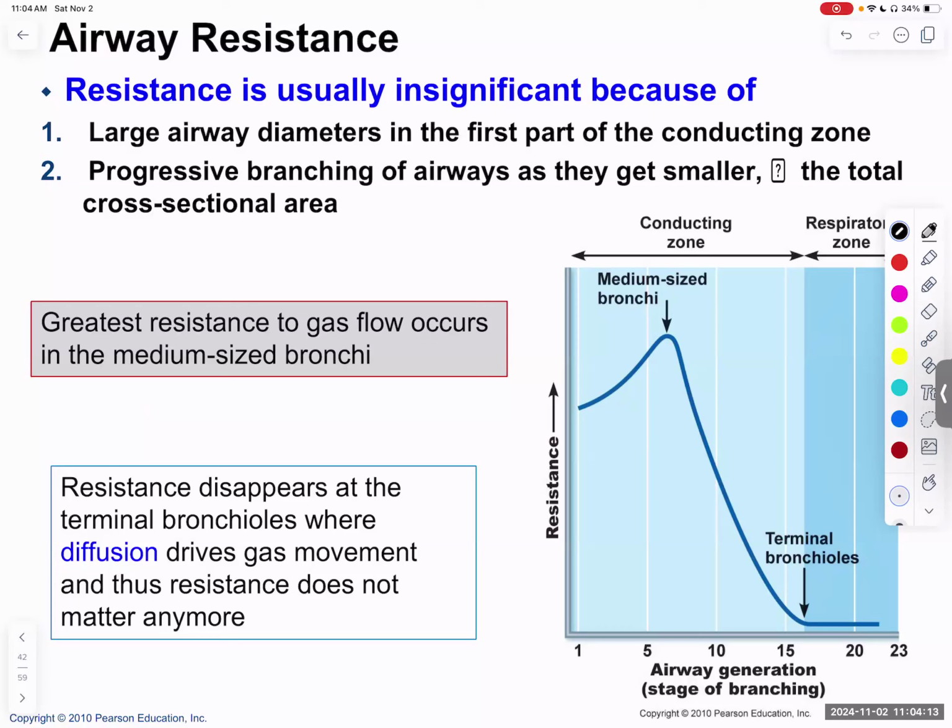They're controlled by the autonomic nervous system. In the bigger primary, secondary, tertiary bronchi, that's plural for bronchus, the resistance is minor, but when you get into the bronchioles, there's so many of them that they are the main contributing forces to resistance.